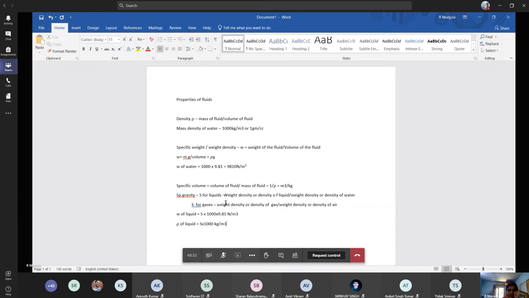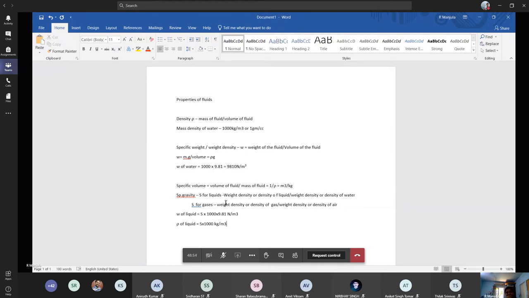Now W of water, if you are writing 1000 into 9.81, you will be getting 9810 Newton per meter cube. And the specific volume is defined as reciprocal of density, or volume of fluid divided by mass of the fluid, or 1 by rho. The unit is meter cube per kg.